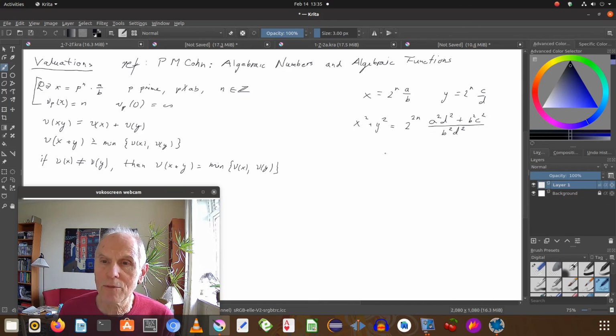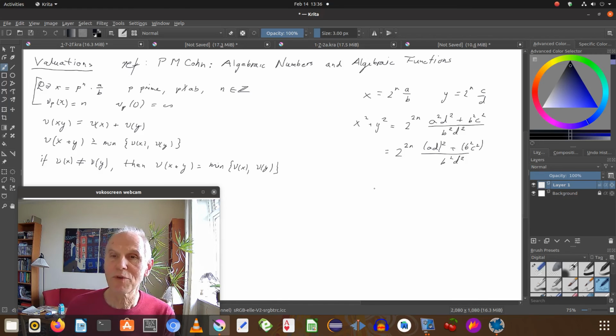And what I realized was that the numerator, being the sum of two squares, gave us some information. We know that A, D, B, and C are odd.